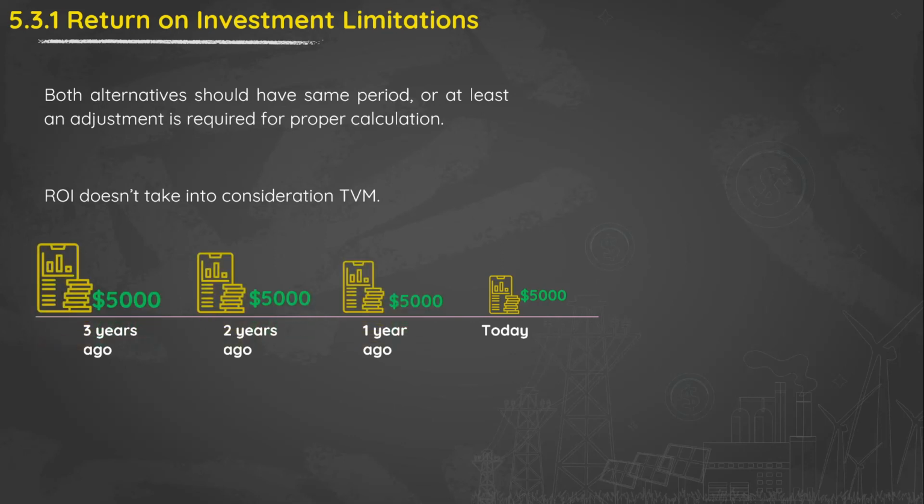The more you go back in time, the more value this 5,000 may be worth compared to the present value. So paying $5,000 3 years ago, buying the stock, it's not really the same thing as paying $5,000 a year ago.